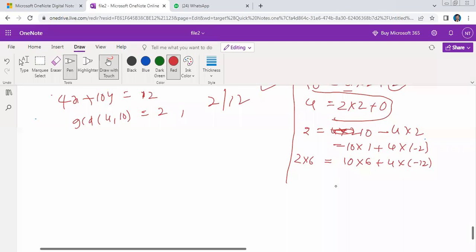So 10 into 6 plus like this. Therefore, now it is in the form 12 is equal to 4x plus 10y. What is our x value? x is equal to minus 12, y is equal to 6. This is the way it has a solution. It is x equal to minus 12, y equal to 6.